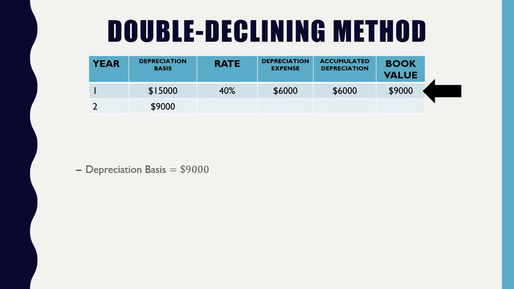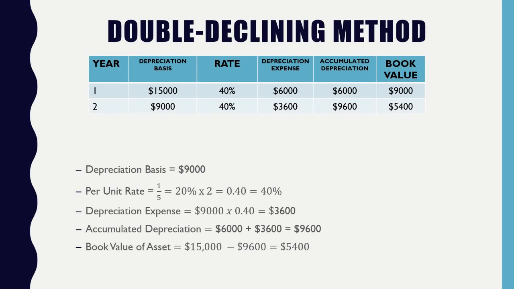So it's still the 40. Still 40%. Good. What's 40% of 9,000? 3,600. Okay, so here you go, 3,600.